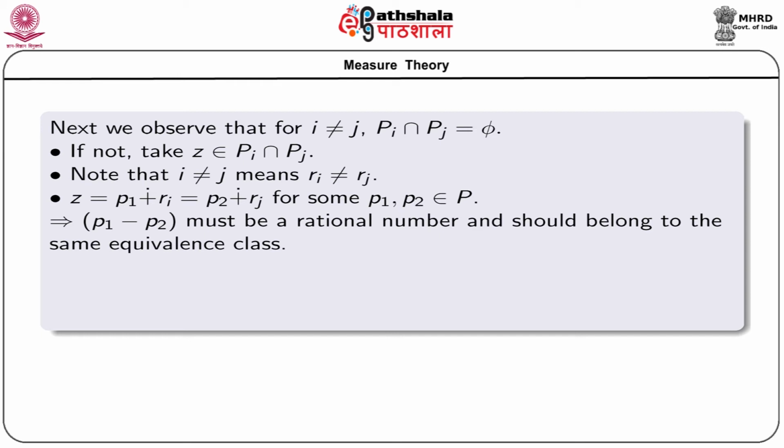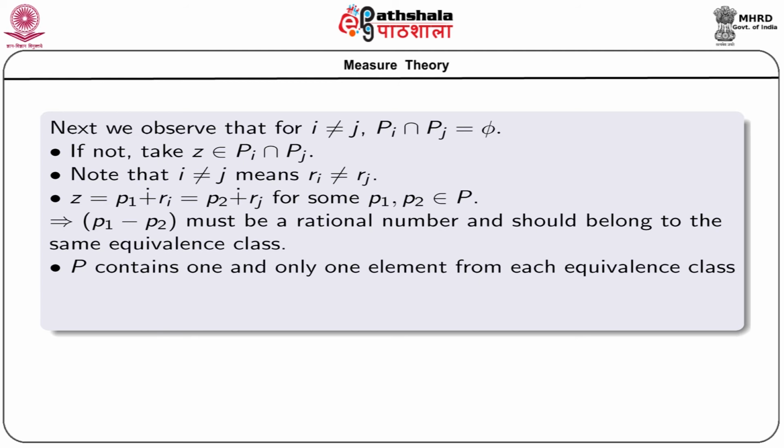So, p1 and p2 must belong to the same equivalence class. But capital P contains one and only one element from each equivalence class. So, p1 and p2 cannot be different.